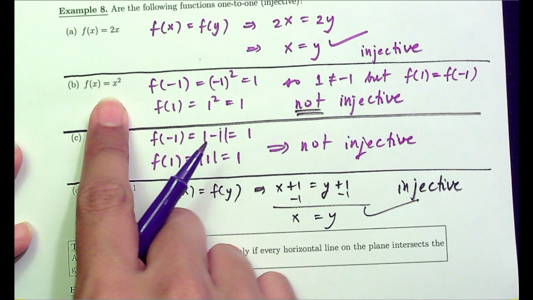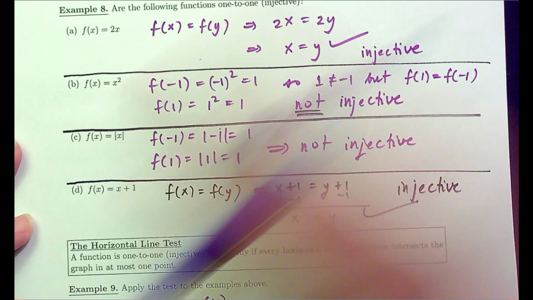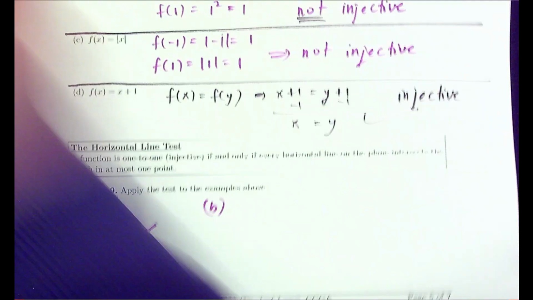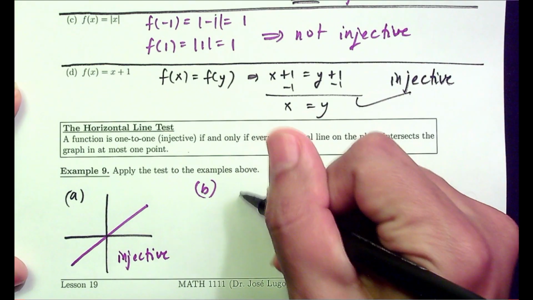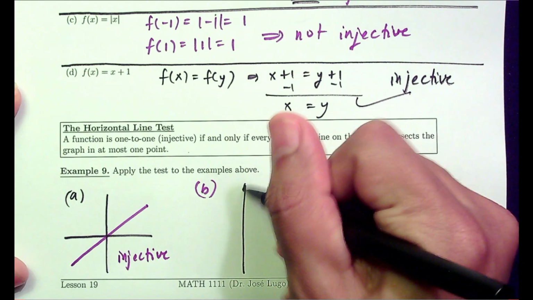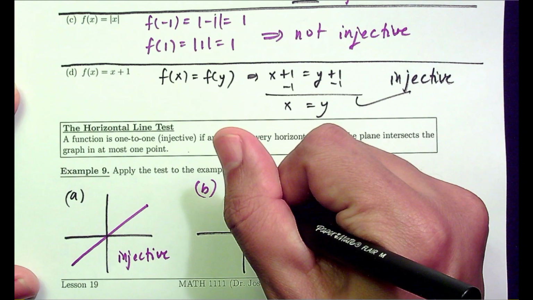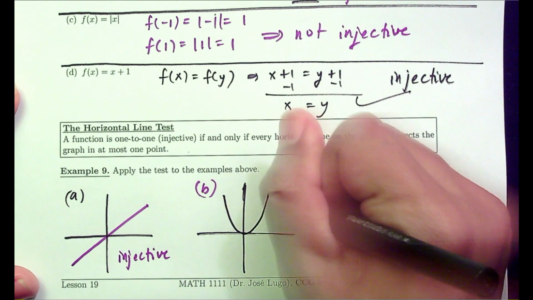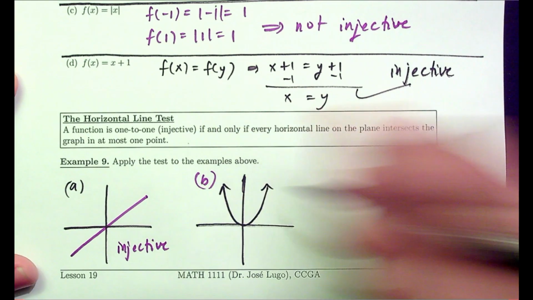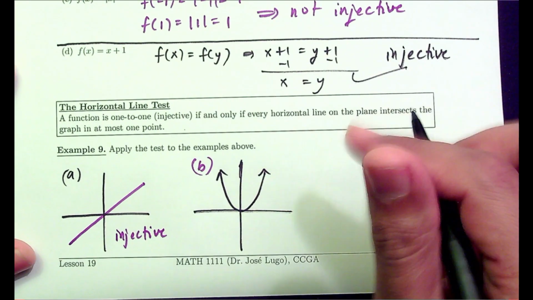Now let's look at the next one. That is a parabola. That is the basic parabola that opens upward. This is one of the toolkit functions, and it's also the parabola we discussed moments ago. So the graph of B looks like that.